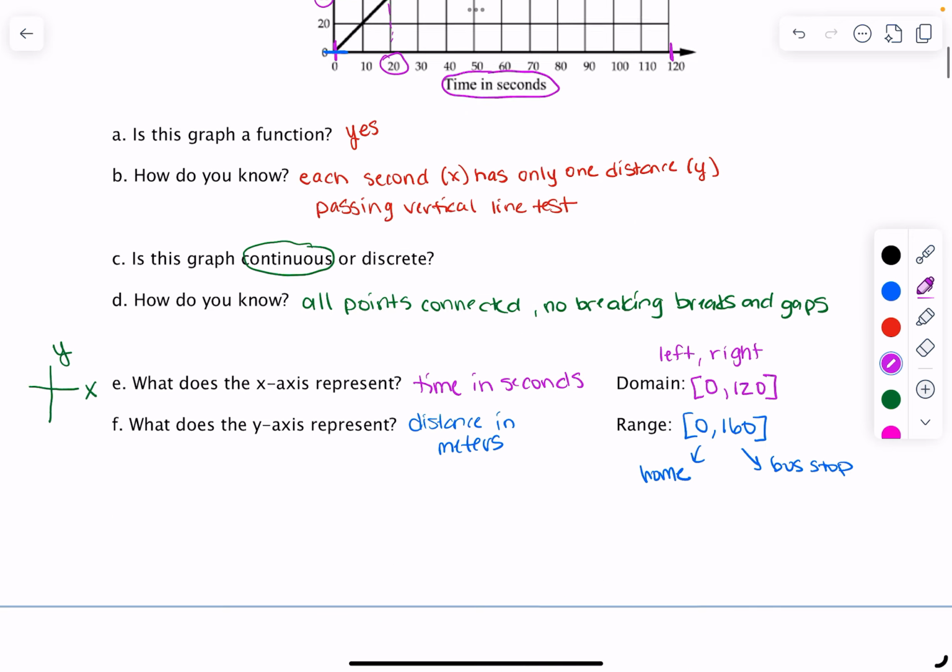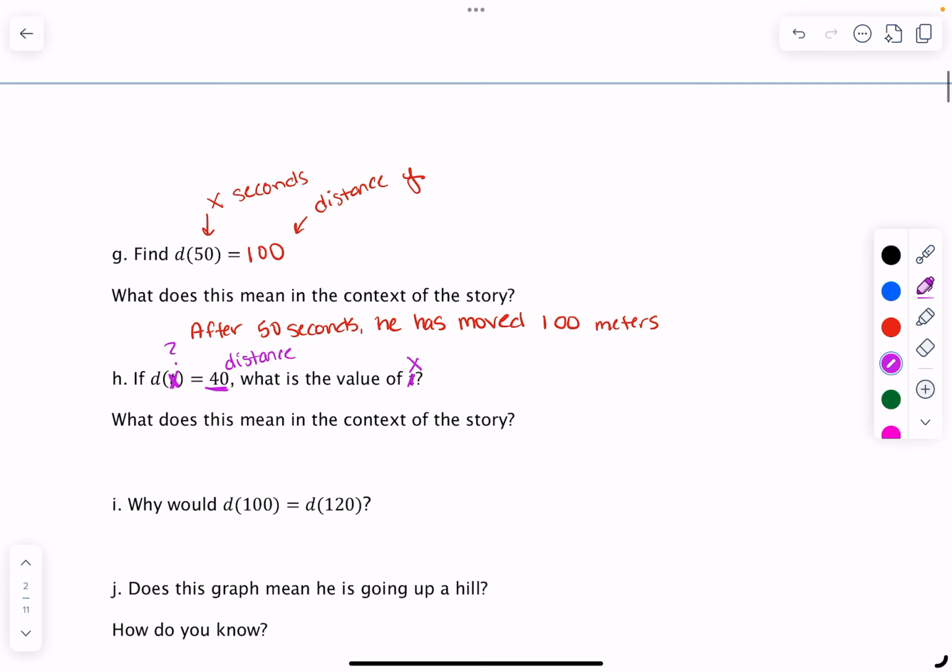It's 20. Okay, so d of 20 equals 40, that means that x equals 20. It also means that time equals 20, which is why I had d of t. But I really want you to understand that it's your x-axis. That's really important. So d of 20 equals 40, so that means that x equals 20.